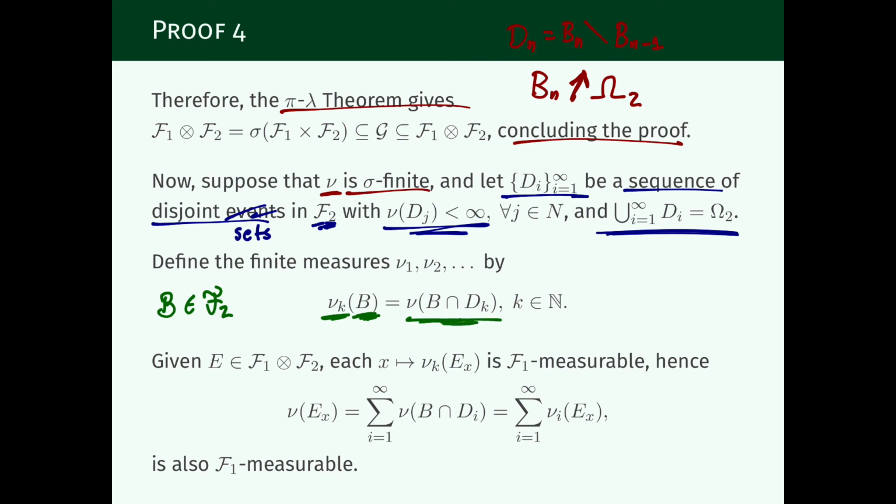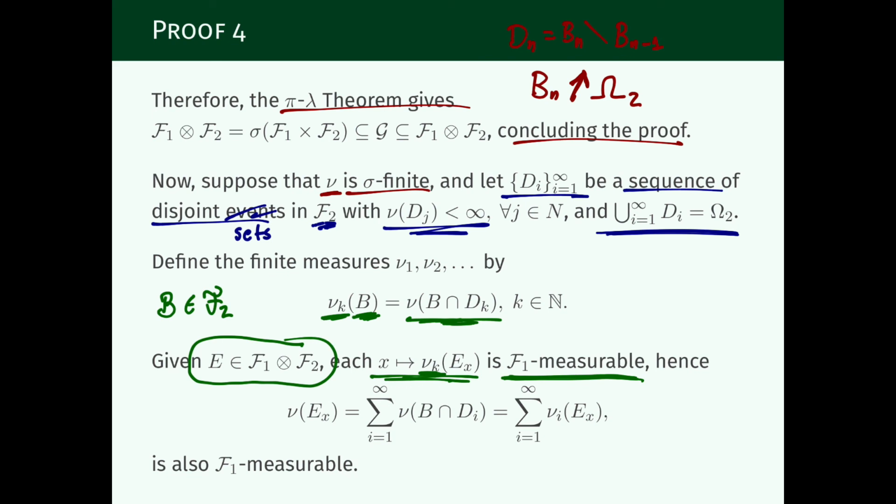Now given any set E in the product sigma algebra of the two sample spaces, we know that the function that considers the measure nu_k will be F1 measurable, because this is the previous case that we have considered using the pi-lambda theorem.